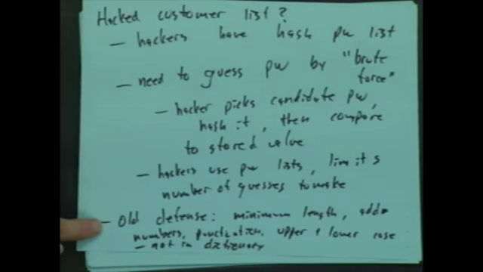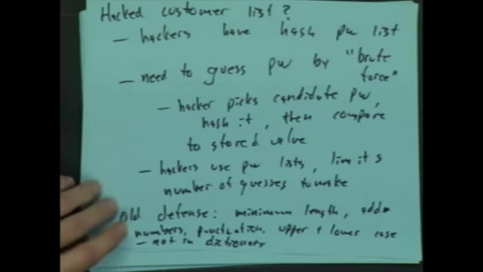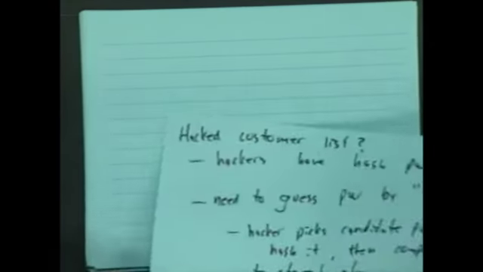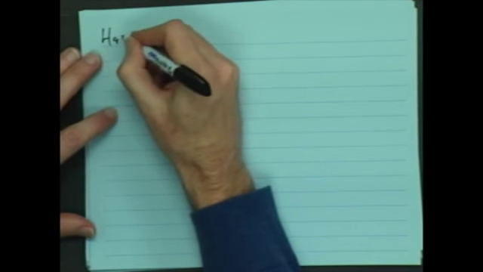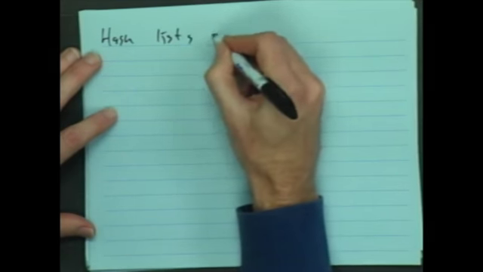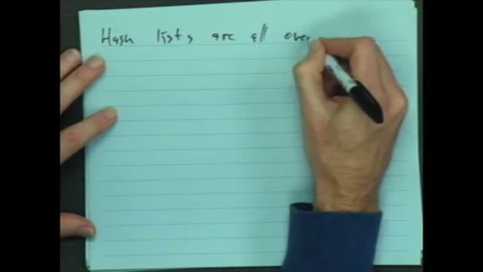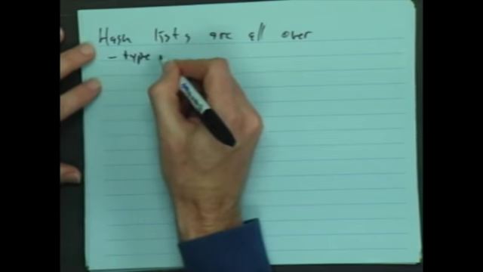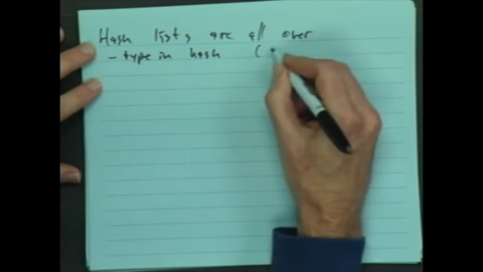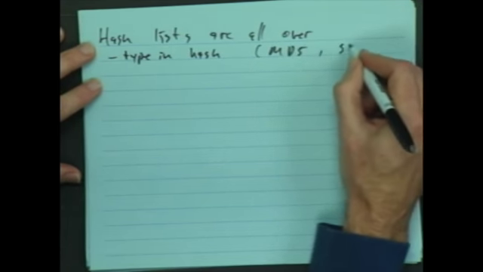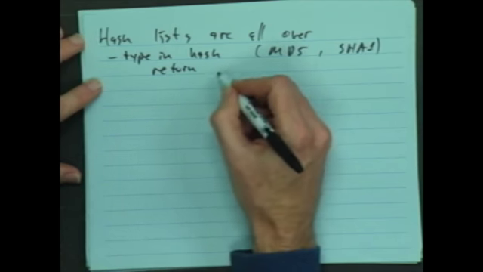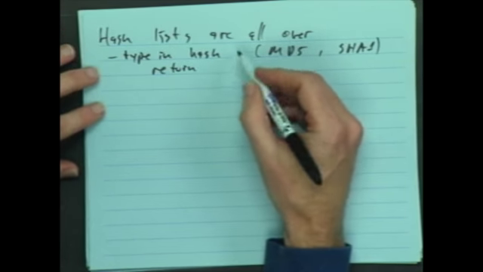So that's the old defense, by the way. So we put all these minimum lengths in. Now, this ends up being not so hard to hack anymore, because the next problem is there are lists of hashes all over, okay? You type in a hash, and there are hashes like MD5, SHA1, and it will return the text that created it.